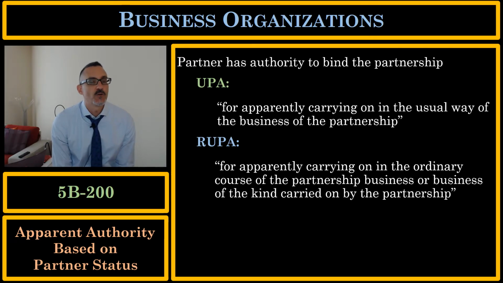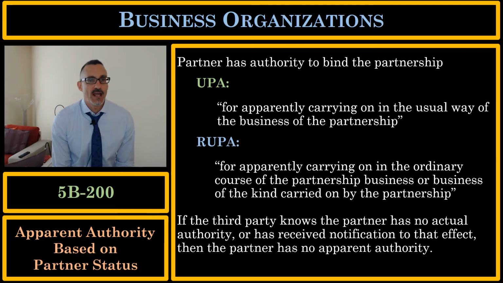The Revised Uniform Partnership Act of 1997 phrases it a little bit differently. A partner has the authority to bind the partnership for apparently carrying on in the ordinary course of the partnership business or business of the kind carried on by the partnership. So if it's an ordinary partnership matter, I have the authority to bind the partnership simply because I am a partner.